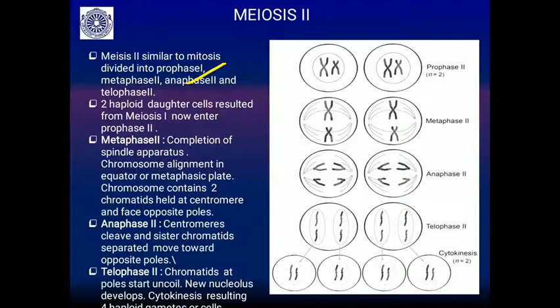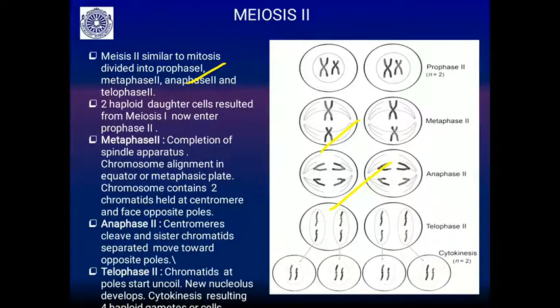There is formation of the spindle apparatus, then chromosome alignment at the equator, which you will be able to see here in metaphase II. The two chromatids of each chromosome face opposite poles. Then in anaphase II you will see the centromere cleave and the sister chromatids separate and move towards opposite poles.